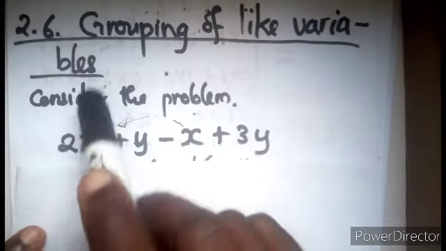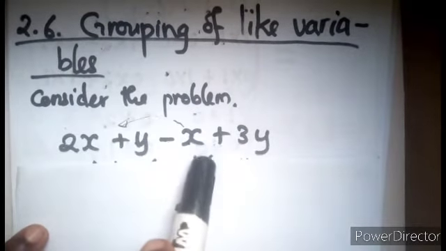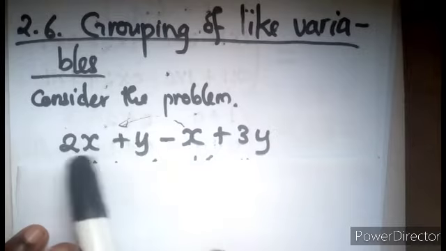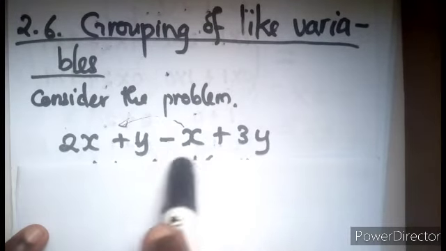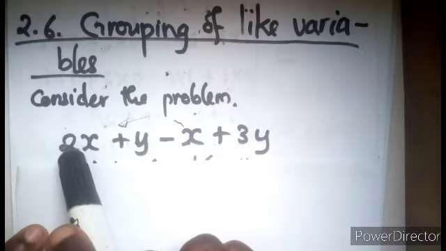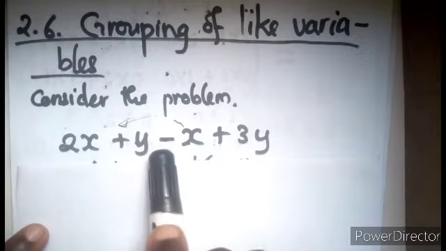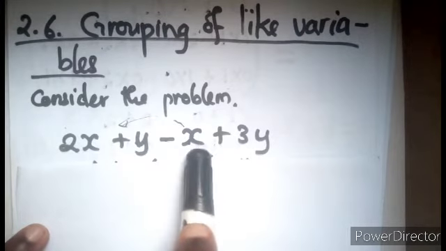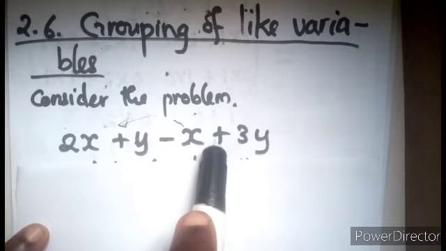Our aim, the term grouping, is to collect those like terms together. I hope you know the sign in front of the variable belongs to the variable. This negative sign belongs to x. This positive sign belongs to y. This positive sign belongs to 3y.